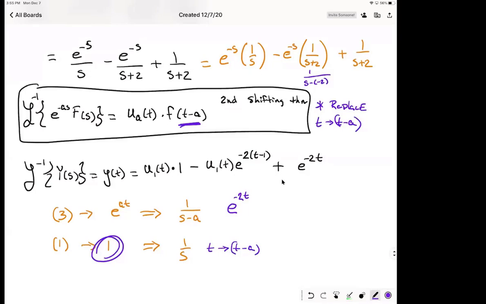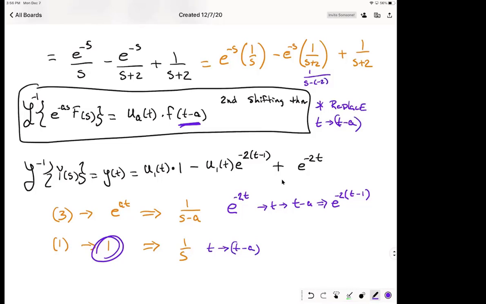But remember, I have to replace t with t minus a. So then I'm doing e to the minus t times t minus a, which a is equal to 1 in this case. So that's where I'm getting that minus 2 times t to the minus 1 because of that second shifting theorem.